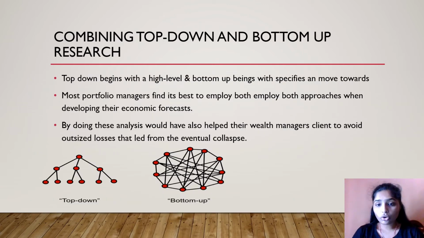Combining both top down and bottom up research, what will happen? Top down begins with a high level and bottom up begins with the specifics, and each moves toward the other.